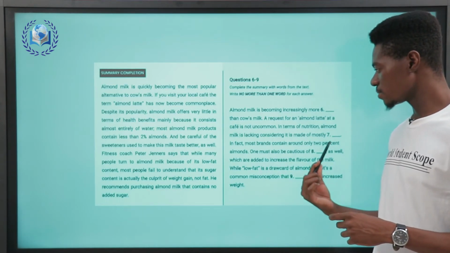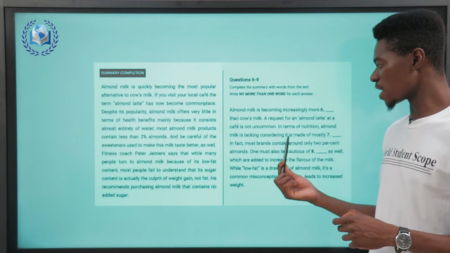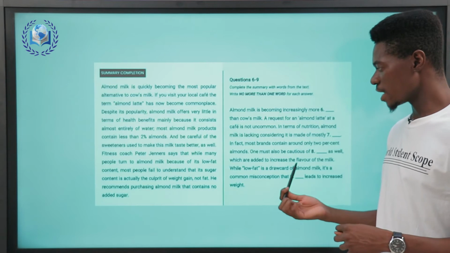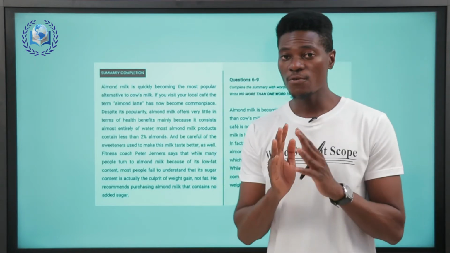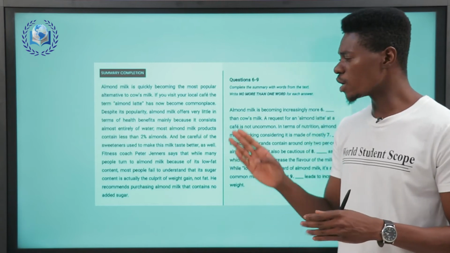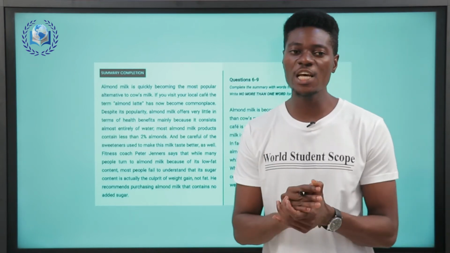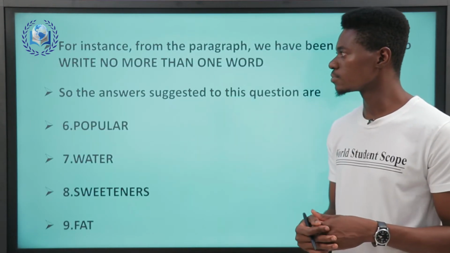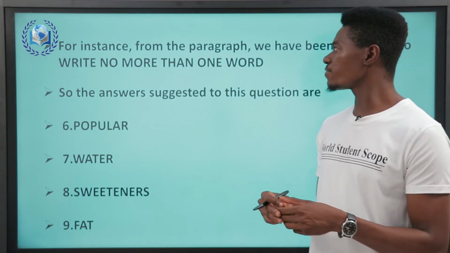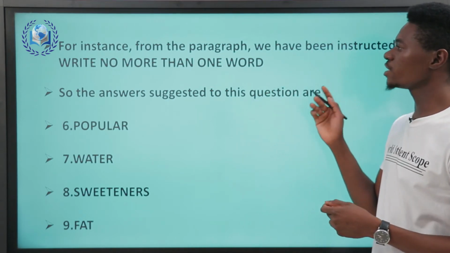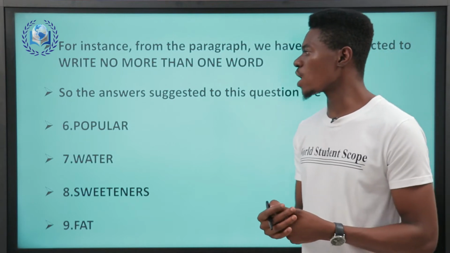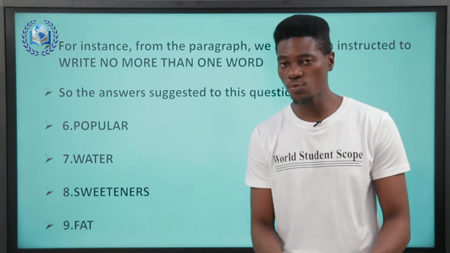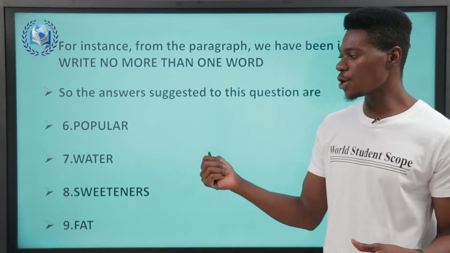As the next question, milk is lacking considering it is made of mostly dash. You can try to solve the next question and the next question in the same way. Very simple and very clear when you use the keyword and read from the passage and understand what has been written over there. So from the paragraph, we have been instructed to write no more than 1 word. So the answers suggested for this question are number 6, popular, as we have already solved. The next one will be water. I hope you have got it.